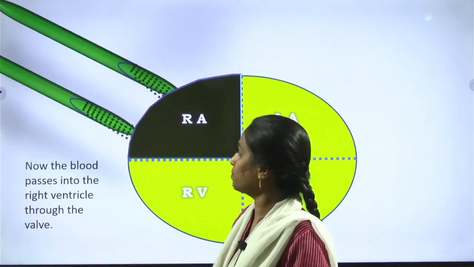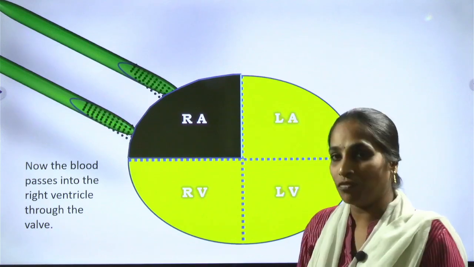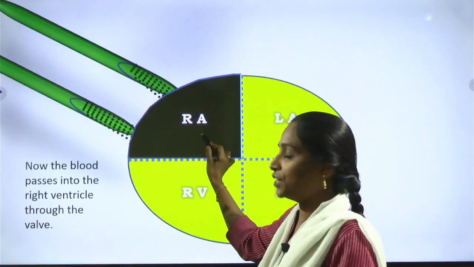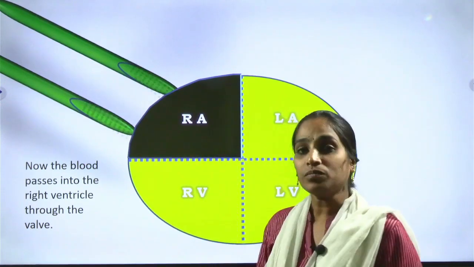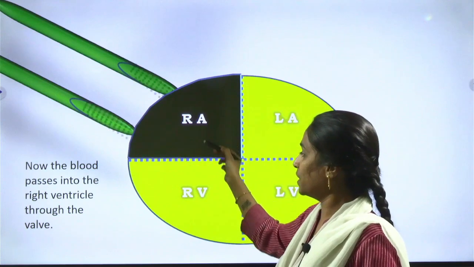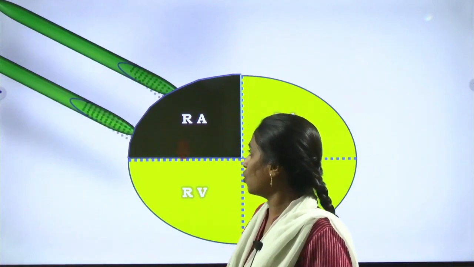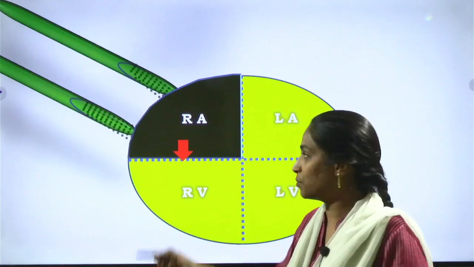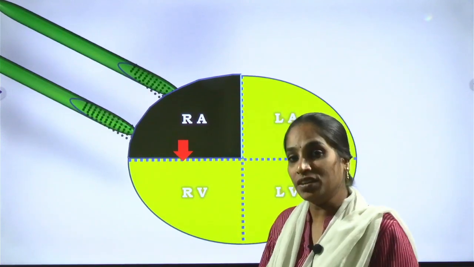And next, what happens? Now the blood passes into the right ventricle through the valve. Through the caval veins the deoxygenated blood entered the right auricle, and here we can observe the deoxygenated blood moving into the right ventricle through a valve. See here, there is a passage of deoxygenated blood from the right auricle to the right ventricle in the posterior region.